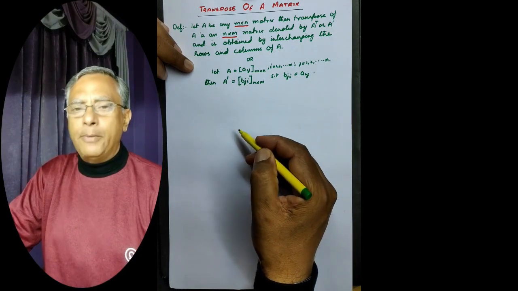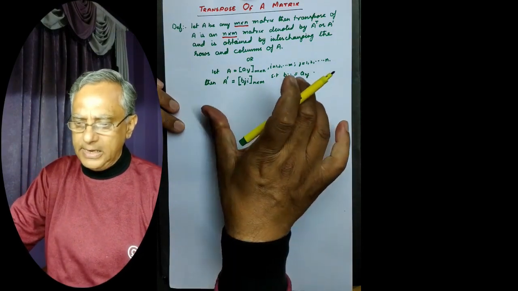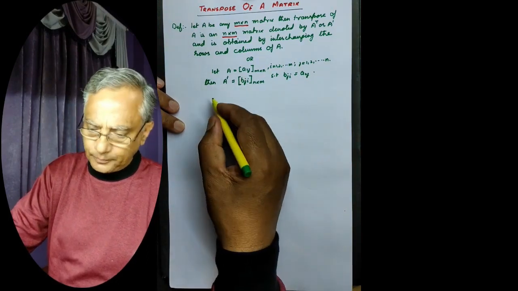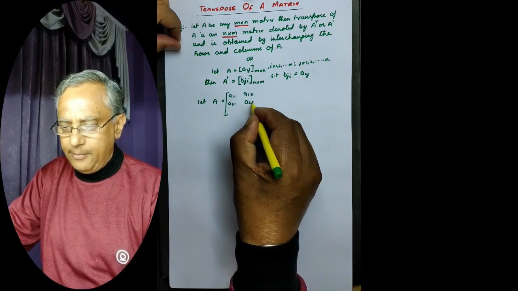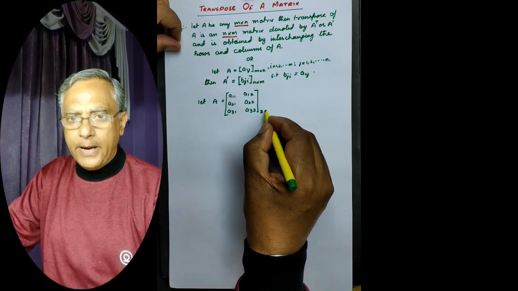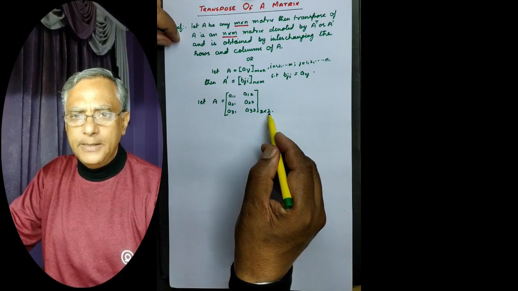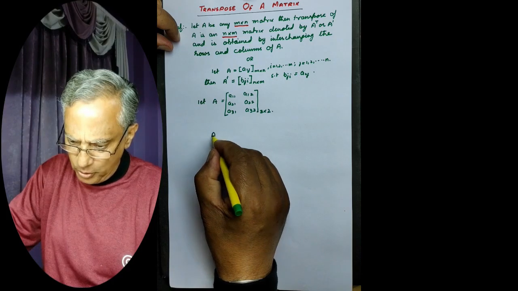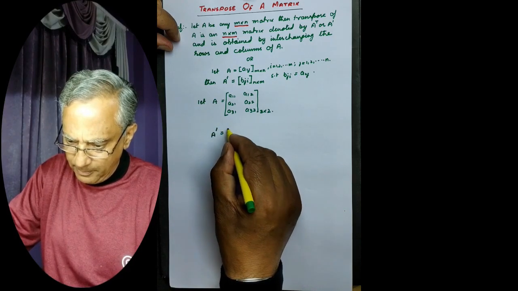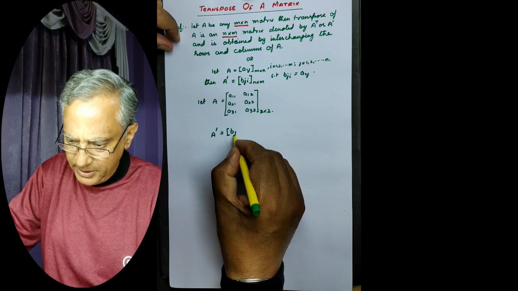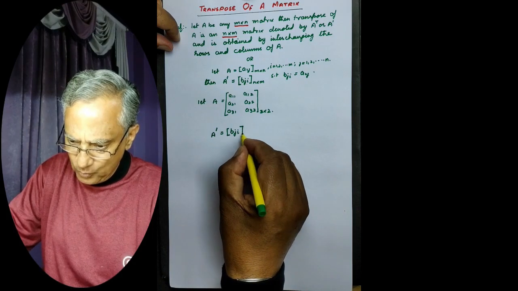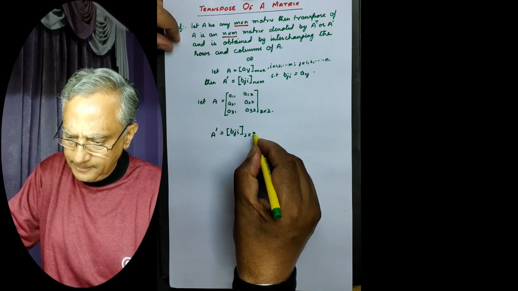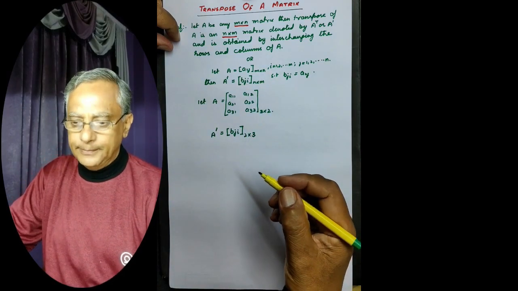I will illustrate it by taking an example. For a clear understanding, we will take an example. Let A be a 3 cross 2 matrix, a general matrix of order 3 cross 2. Now we have to find its transpose. So its transpose A dash will be a matrix Bji of order n cross m, that is, order 2 cross 3.